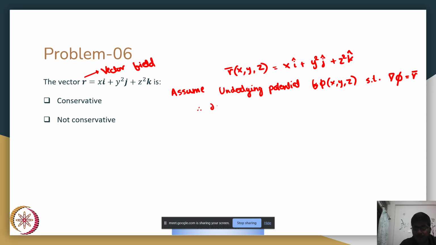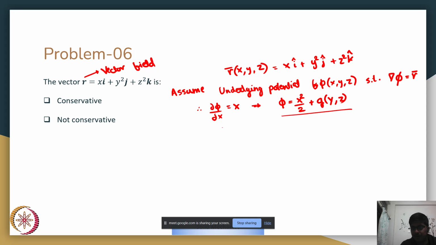Therefore, we would have dou phi by dou x equal to x, which we can integrate to get x square by 2 plus some function g of y comma z.